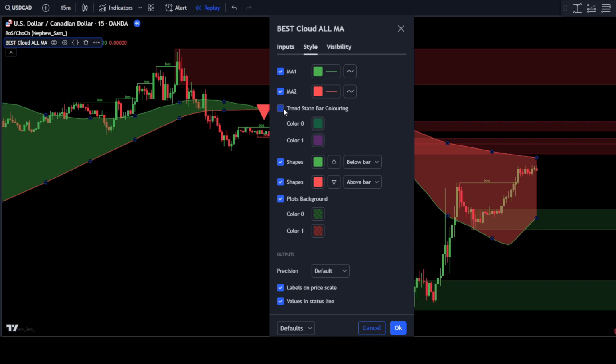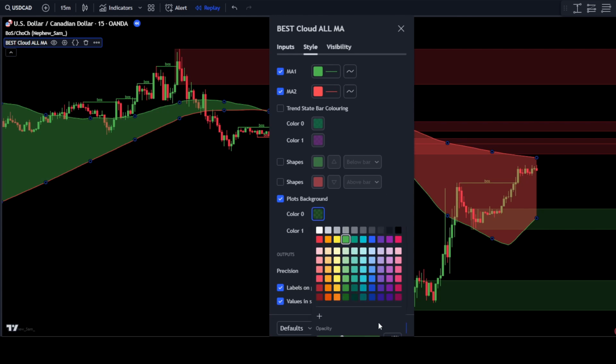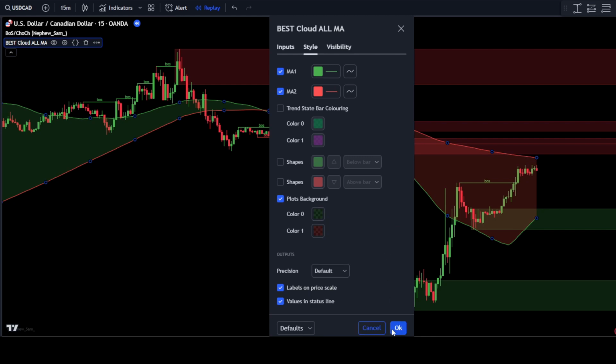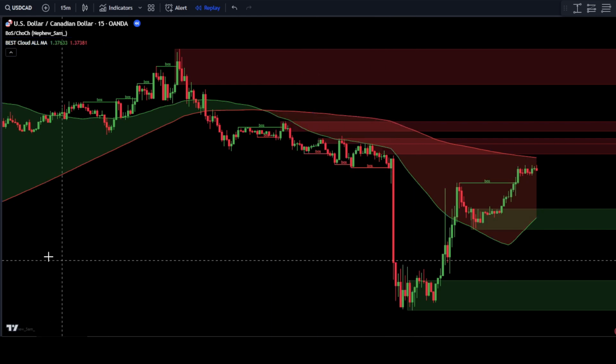Then uncheck the Trend State Bar Coloring and Shape options. The final step, reduce the opacity of the plot background so it can be seen clearly. Once done, just click OK to confirm the changes.